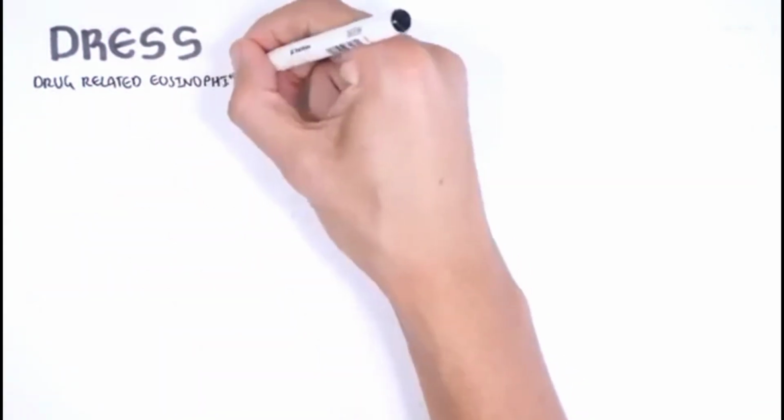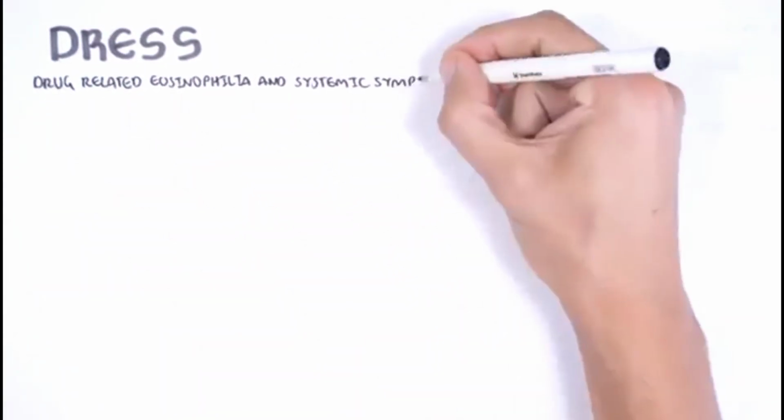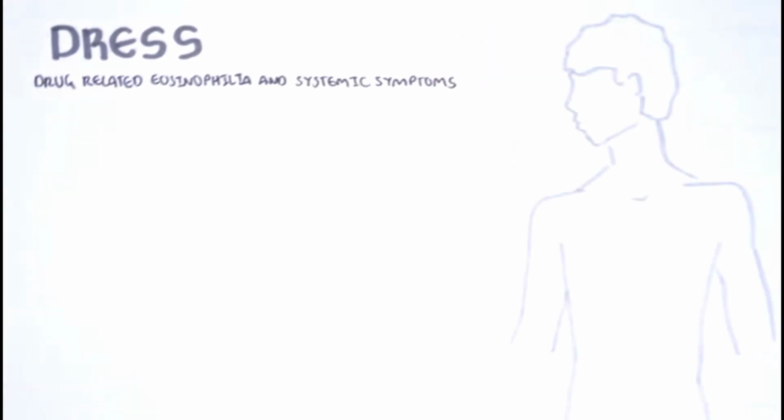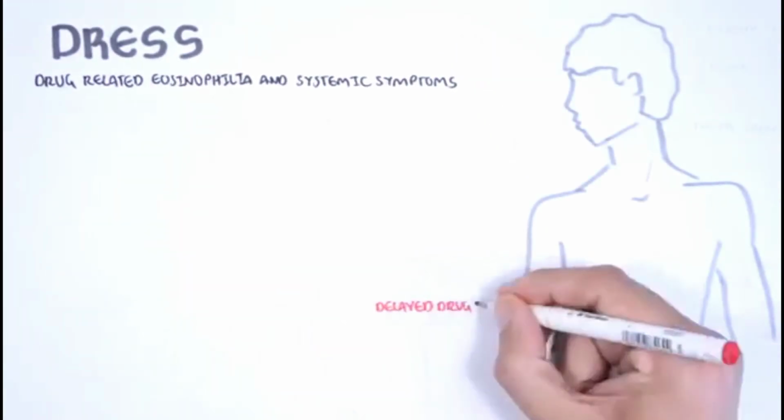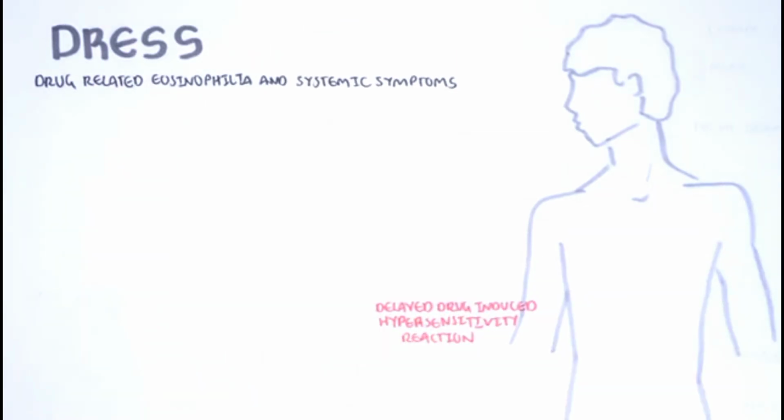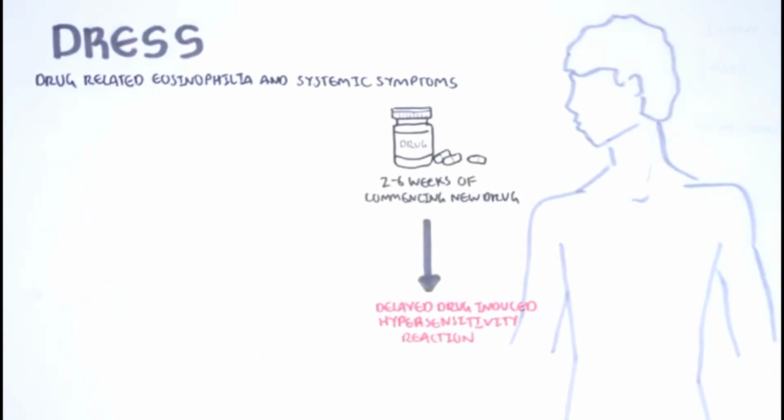In this video, we're going to talk about DRESS syndrome, which stands for drug reaction with eosinophilia and systemic symptoms. It's a potentially life-threatening drug-induced hypersensitivity reaction that occurs 2 to 6 weeks of commencing a new drug.